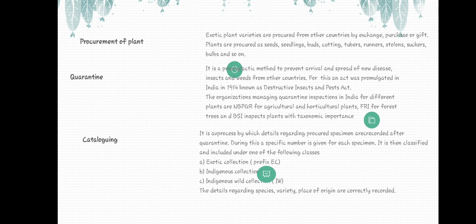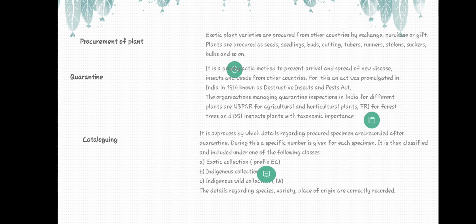Then next is the prophylactic method, plant quarantine, to prevent the arrival and spread of new diseases, insects or weeds from other countries. For this, in India we have an act known as the Destructive Insects and Pest Act.